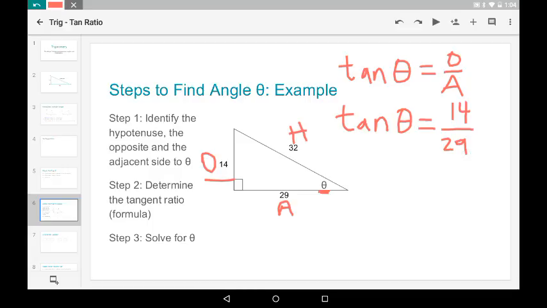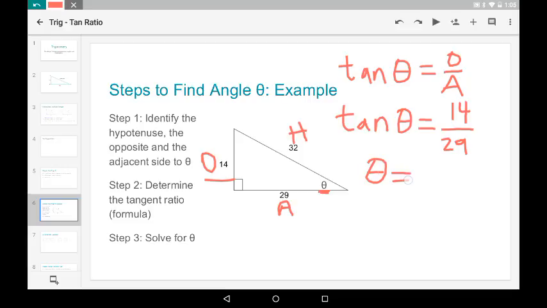And now we're going to solve for theta. The easiest way to think about this is to consider the tangent of theta like multiplying something by theta. So when you rearrange something that you're multiplying, actually let me erase that part. Okay, I'll write it this way.